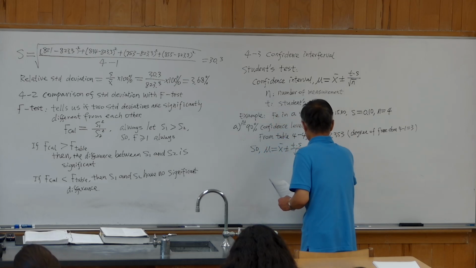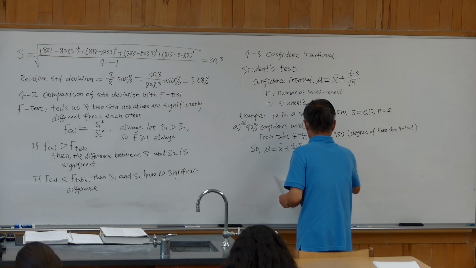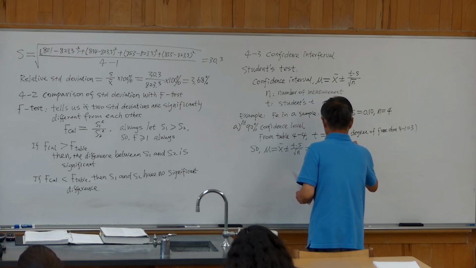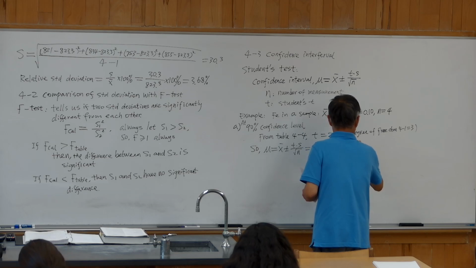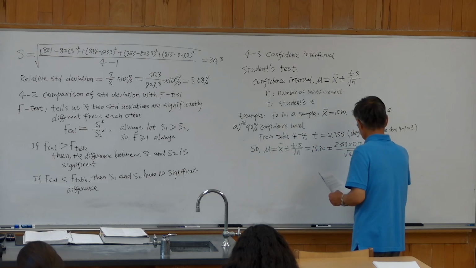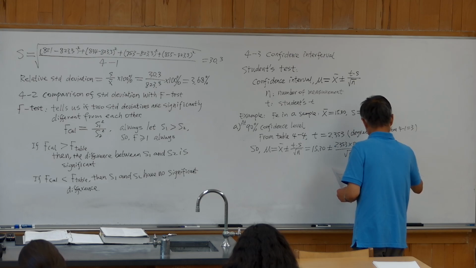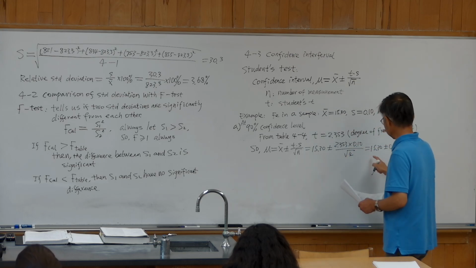X bar is 15.30 plus minus 2.353 times s, which is 0.10, over square root of n, which is 4. Then 15.30 plus minus 0.12. This is the range, right?